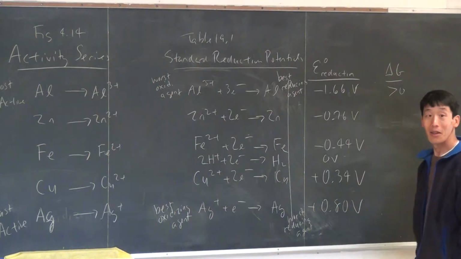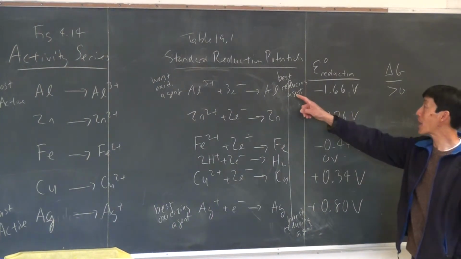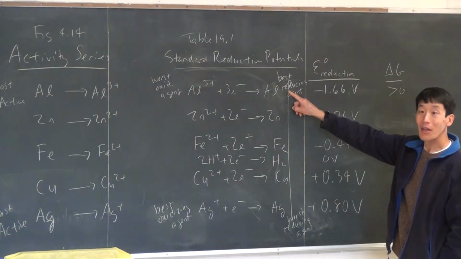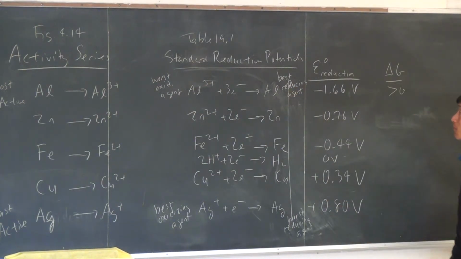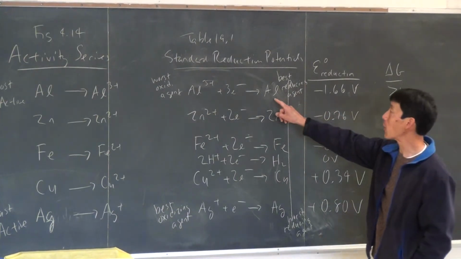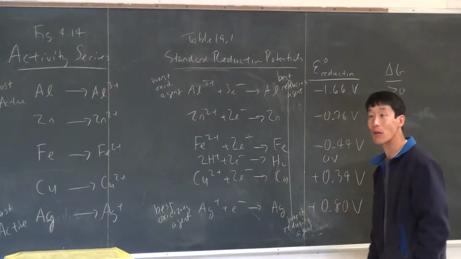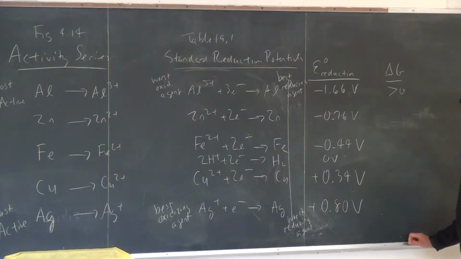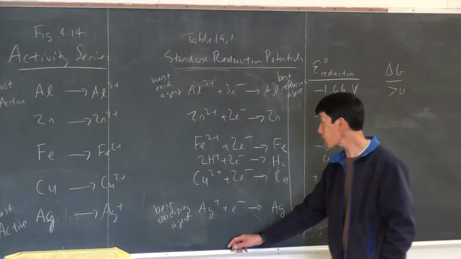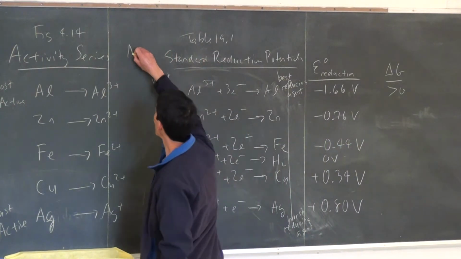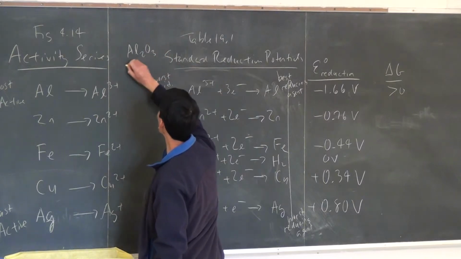You just told me this is the best reducing agent, and based on what we said here, aluminum does want to be oxidized to aluminum 3+. Therefore, on the surface of the Earth, aluminum is going to exist as aluminum 3+. Okay, so that's where you see the mineral Al2O3.